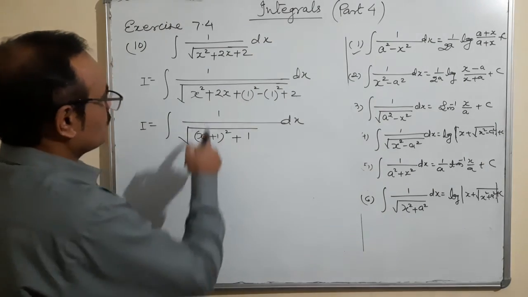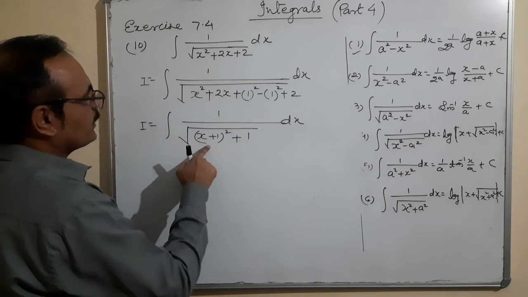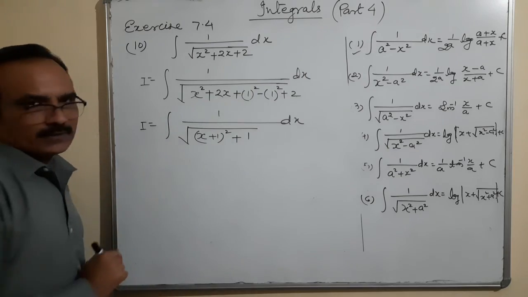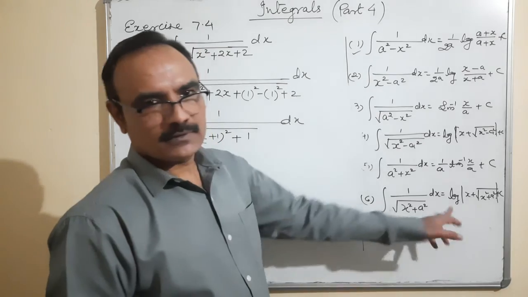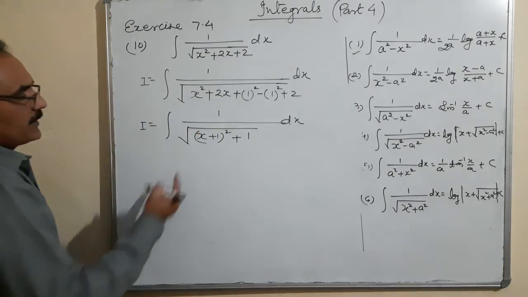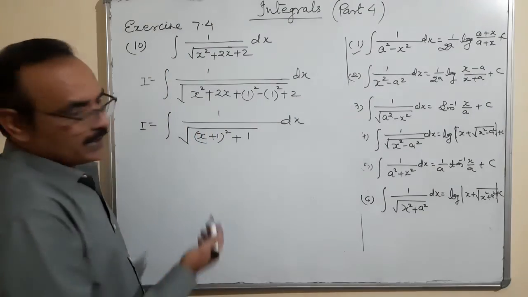Now you can see 1 upon under root x square plus a square, that is 1 upon under root a square plus x square. Because x plus 1 is equal to t, dx is equal to dt, so there is no effect.